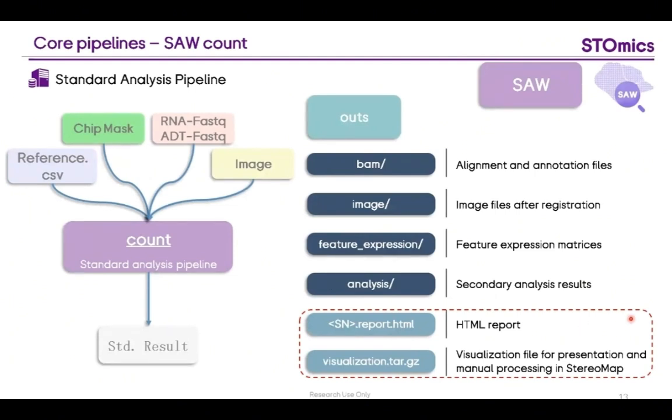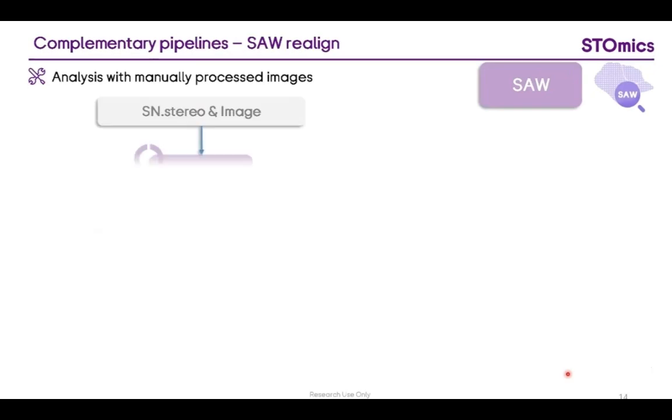Also, there are two important files. One is the HTML report, which provides the basic statistics of your spatial data analysis results, and also the visualization.gz file that you will use in StereoMap.